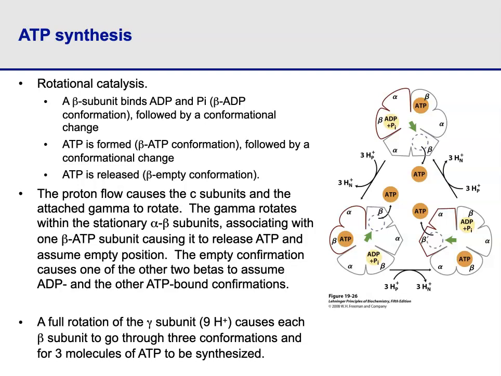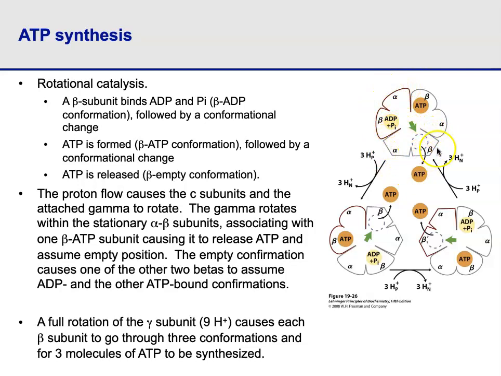Now let's look at the process of ATP synthesis. So like I said, at any given point in time, the beta subunits, or we can call it even the neighboring alpha subunits, are in one of the 3 conformations. We have 1 beta in an ATP bound conformation, 1 in an ADP bound conformation, and 1 in an empty conformation.